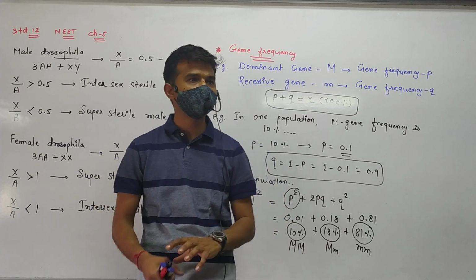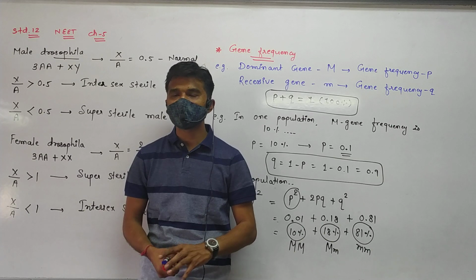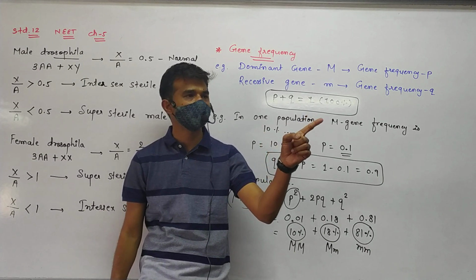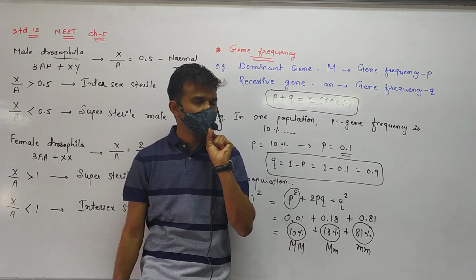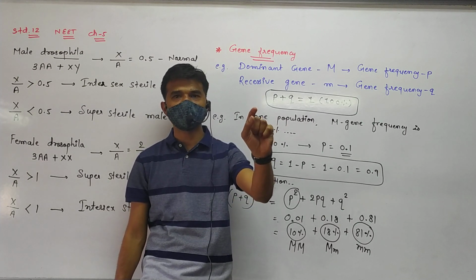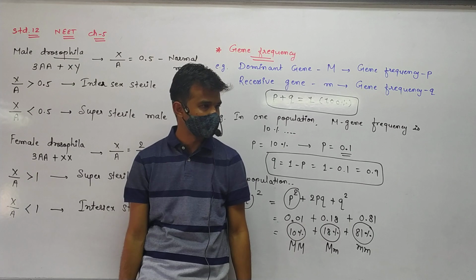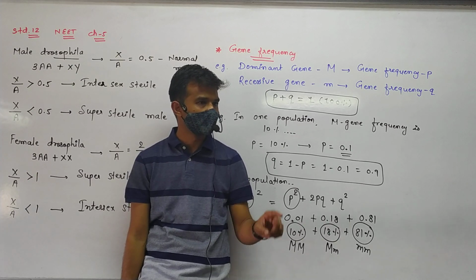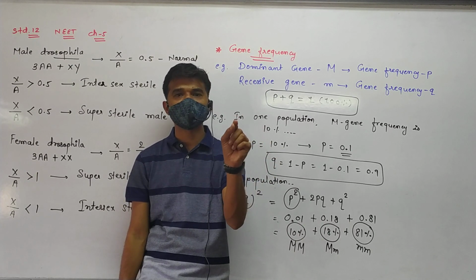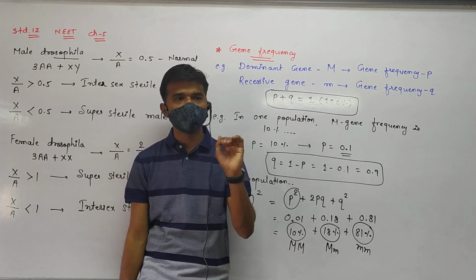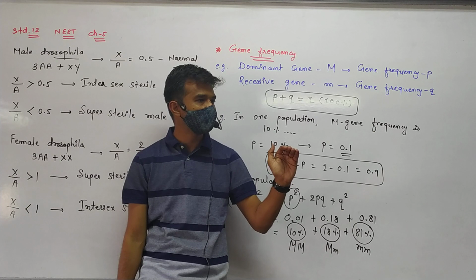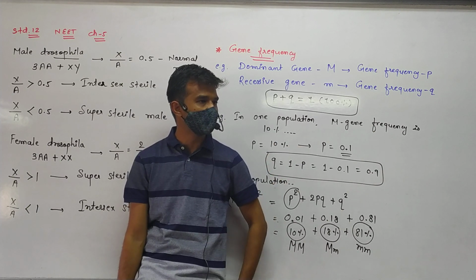I will give one question. Just for example, in a given population, for the recessive gene the frequency is 40 percentage. So what is the frequency of the heterozygous condition in that population?